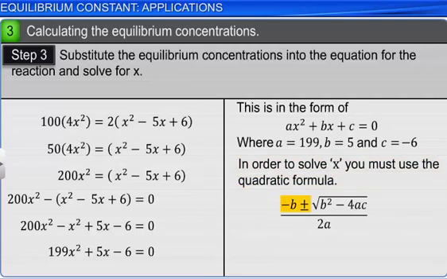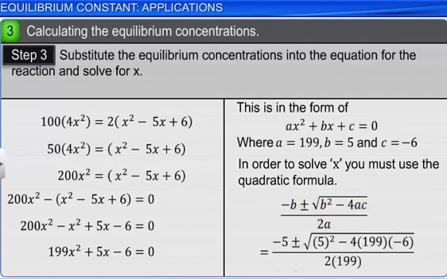On substituting the values of a, b and c in the quadratic equation, we get minus 5 plus or minus square root of 5² minus 4 multiplied by 199 multiplied by minus 6, divided by 2 multiplied by 199.